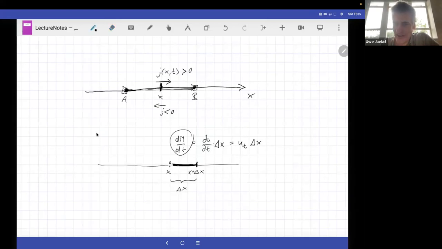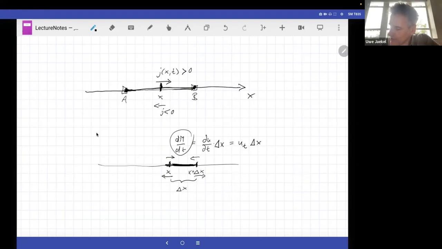Whenever the mass inside this interval increases, due to continuity, there are only two possibilities. It must cross. If it increases, it must come either from the left side or from the right side, or it can become less. So maybe it's leaving from the left and from the right side.